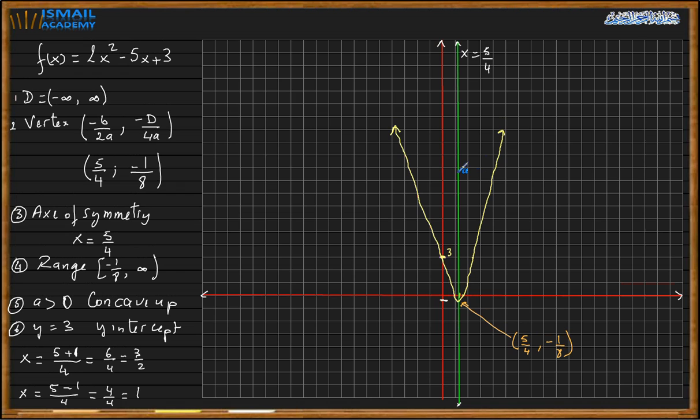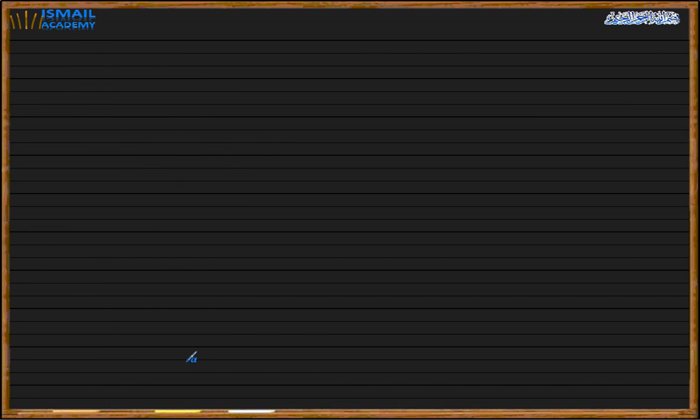This is how a V looks, but it's a curve, not an angle. It looks like this. Now a function, a graph of f of x equals, for example, minus x squared plus 4x plus 5, another example.